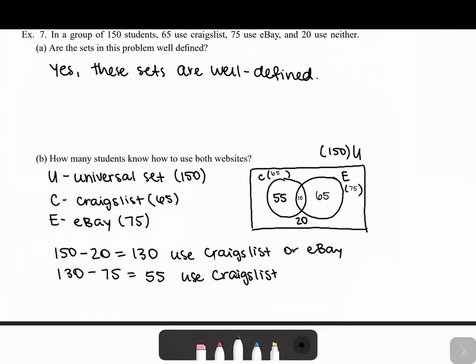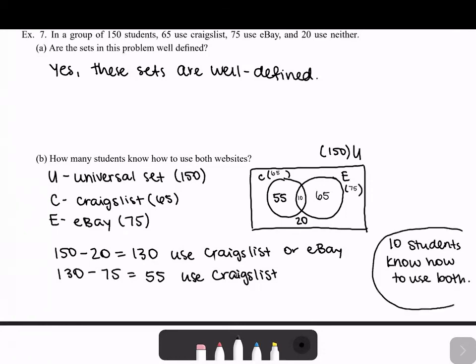So now we've identified exactly how many students are in every space in this diagram. So we have that 10 students know how to use both, because there are 10 students in the middle of our Venn diagram.